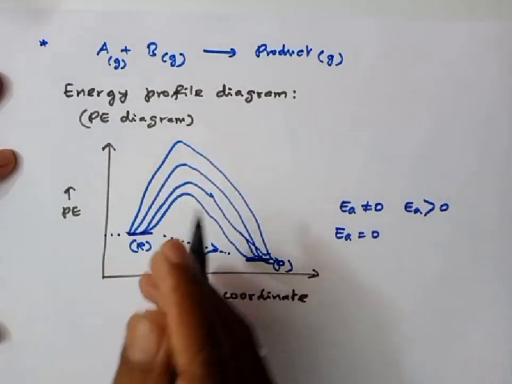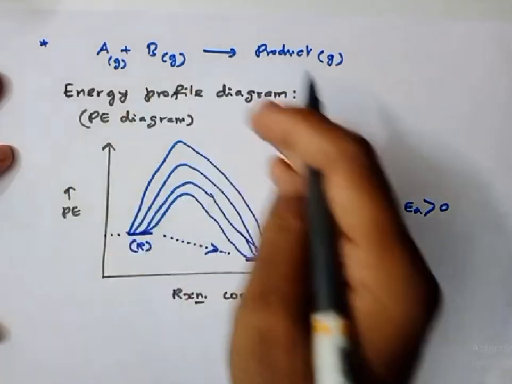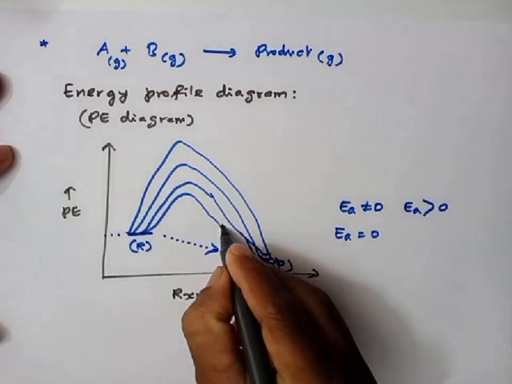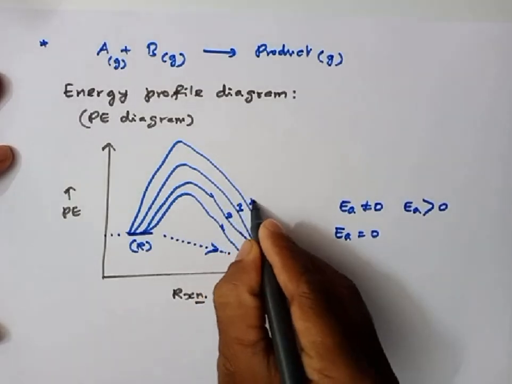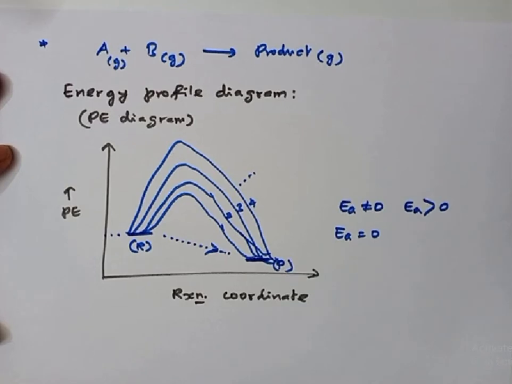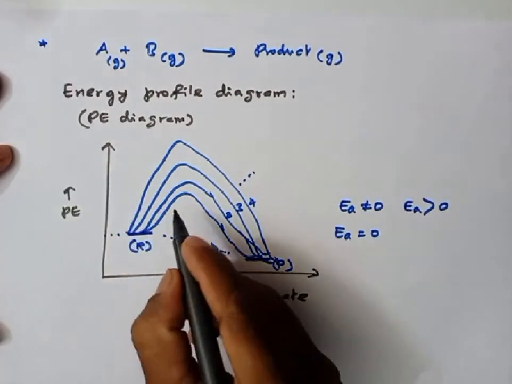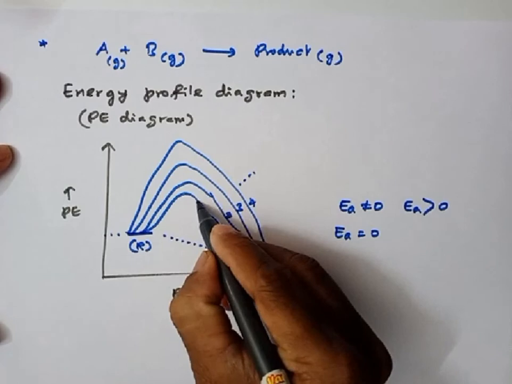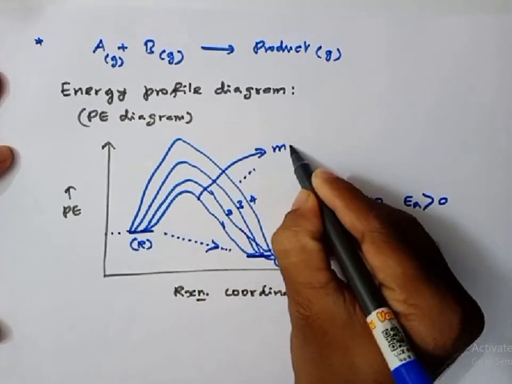What I'm trying to say is a reaction follows many paths. This is path 1, path 2, path 3, path 4, like that we have many paths. We actually consider the minimum energy path. So this one is called the minimum energy path.